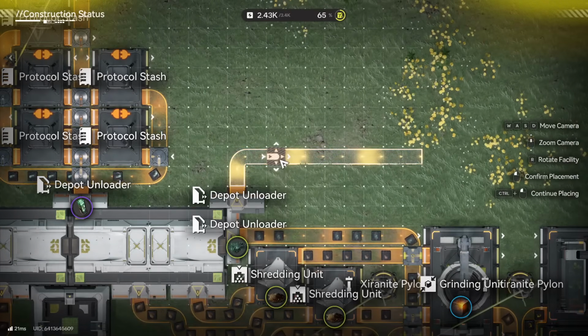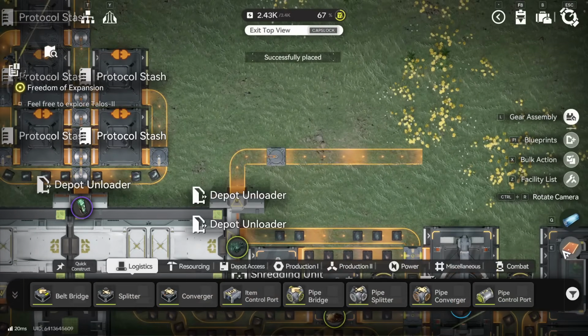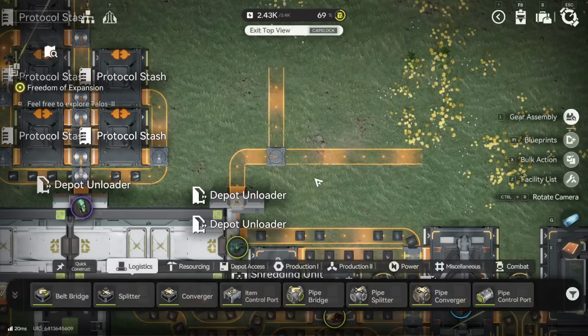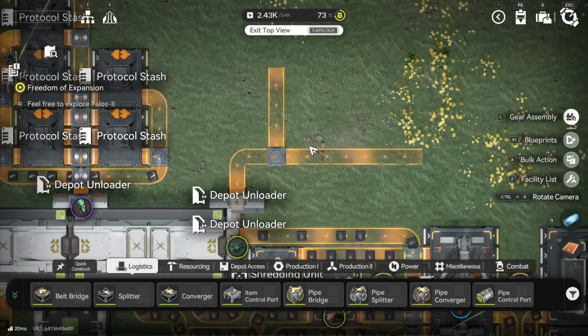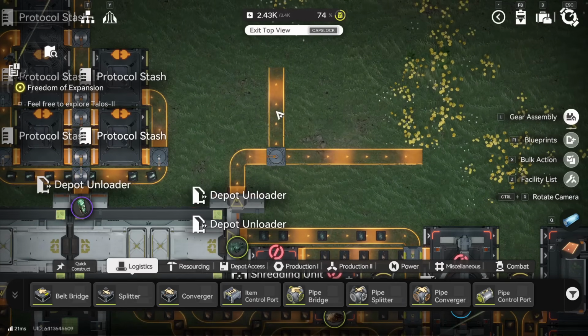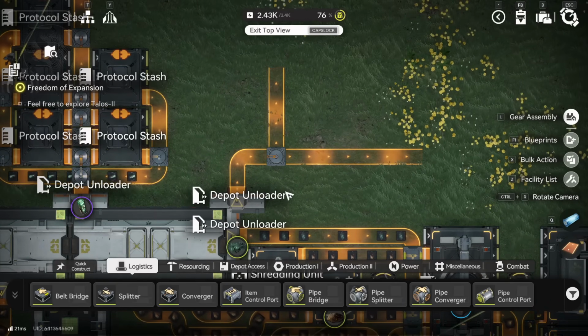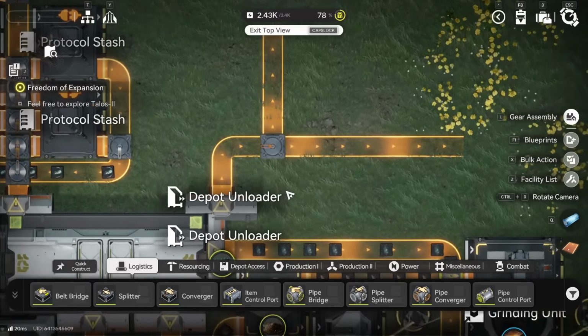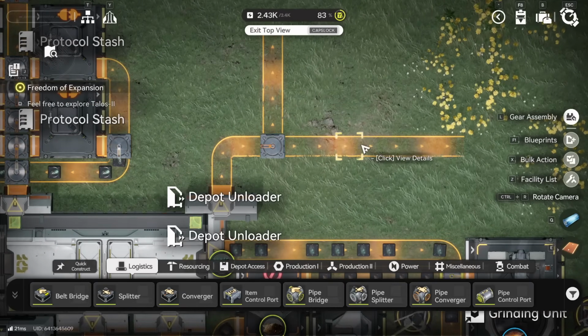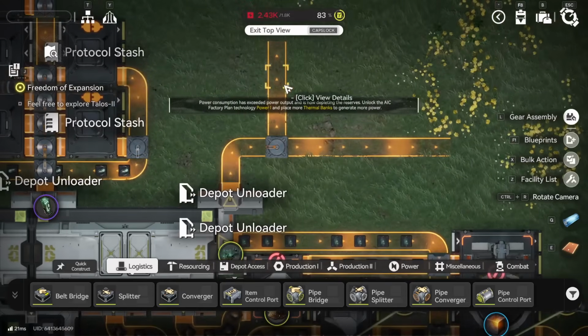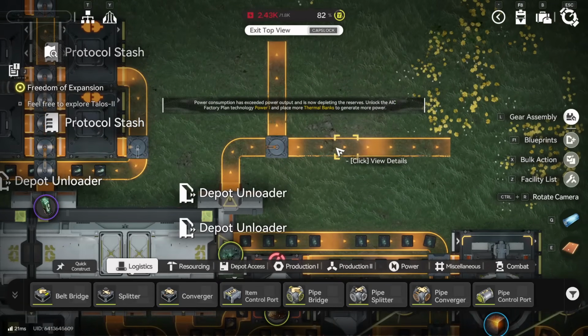Now, I know that items will arrive every 2 seconds. When I split this, what do I know about these two conveyor belts? Well, round robin style, the splitter alternates between all conveyor belts connected as an output. That means it goes left, then right, then left, then right. Every second item is gonna reach this conveyor belt.